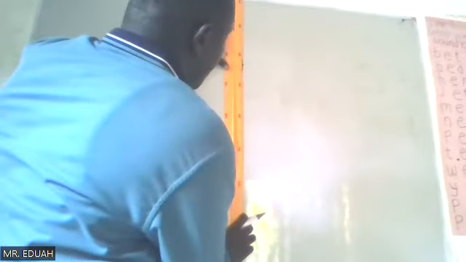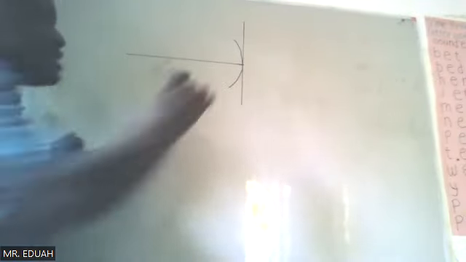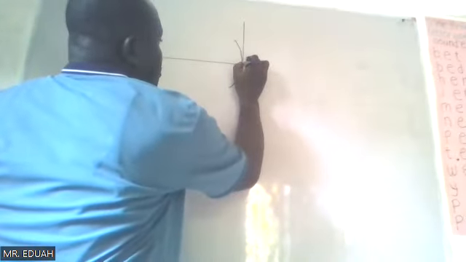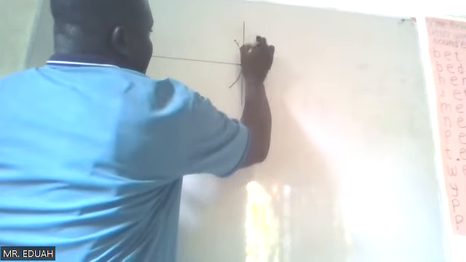If you want to cater for rays that go beyond the aperture of the mirror, rule a vertical line behind it so that it will cater for rays that go beyond the aperture of the mirror.